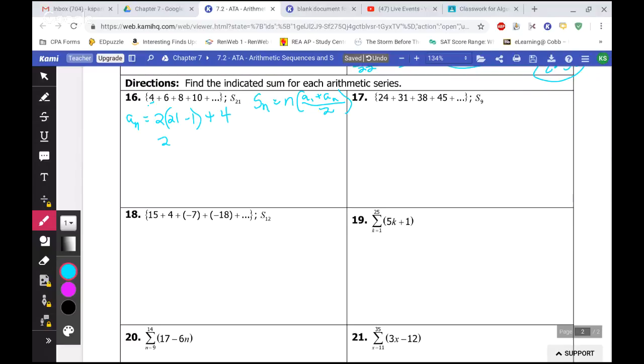Much easier than writing the rule first, actually. So 2 times 20 is 40, plus 4 is 44.